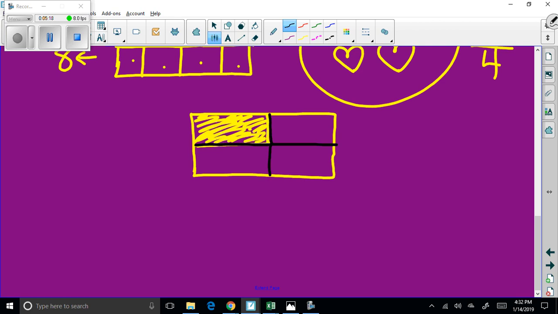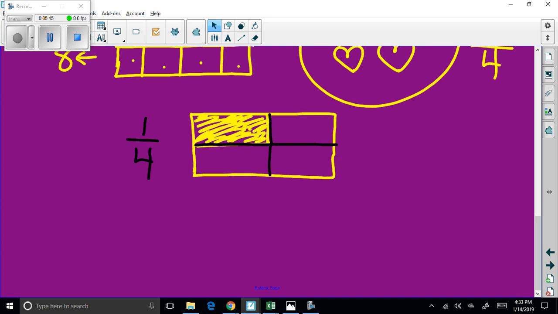Just because the other 3 pieces are not there does not mean that this does not represent 1/4 of the whole, because I still could lay 4 equal pieces of that size on here and still make the whole. So this yellow shaded part still does represent 1/4 of the whole, simply because it takes 4 of them to make the whole.